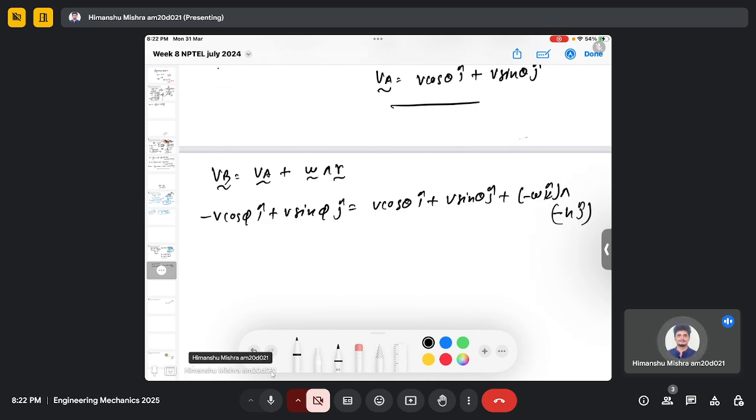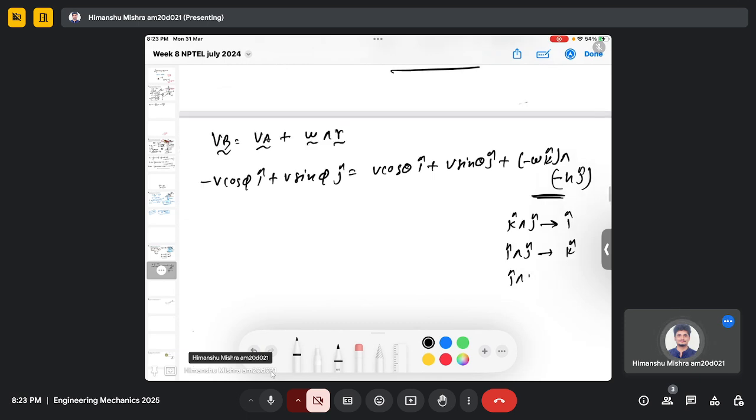Now you can see that you are actually taking the cross product of k and j. So what will be the direction? When you take the cross product of i and j, you will get k. If you take the cross product of i and k, you will get the direction of j. So if you take the cross product of k and j, you will get the direction i. So this quantity is in the i direction.